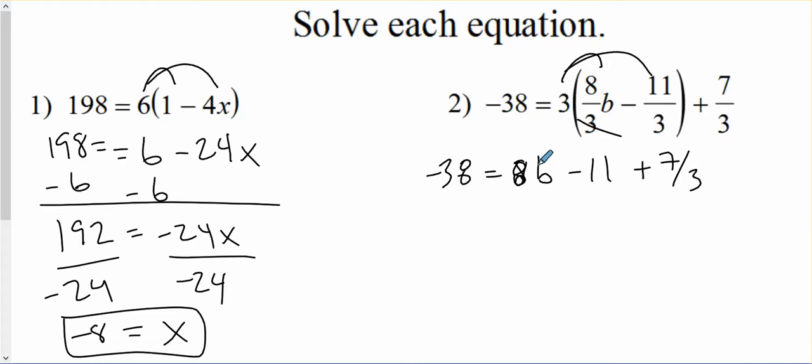There's a bunch of different ways we can do this. If we were to multiply everything by 3, that would get rid of these thirds here. A little shortcut.